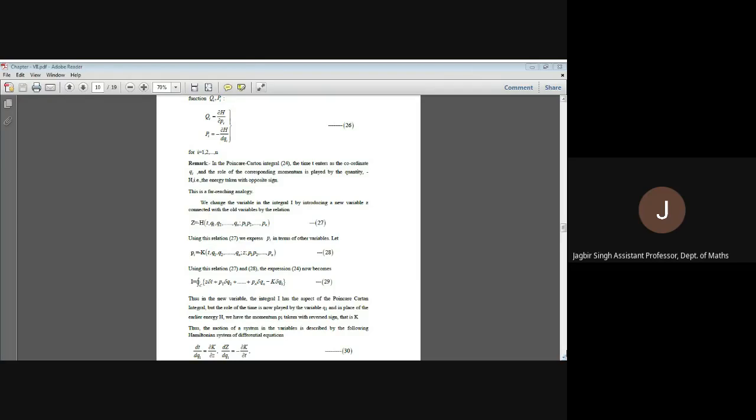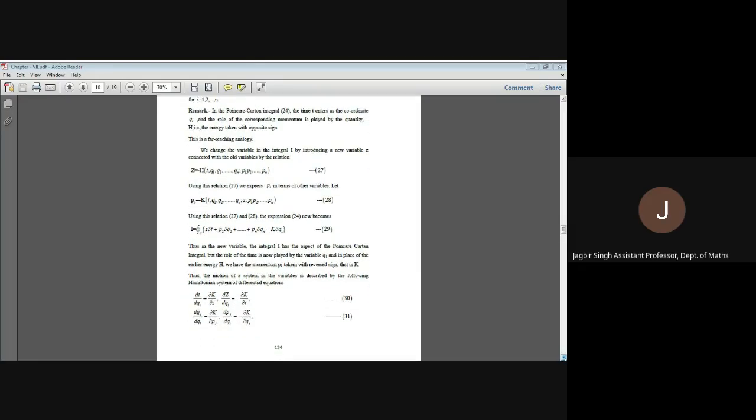So, the Hamilton canonical equations will be: Hamilton canonical equation was dqj by dt, but in place of t we are having q1. So in equation number 31 you can see dqj by dq1, instead of t we are having q1, will be equal to, in Hamilton canonical it was curly H by curly pj, but here instead of H we are having k, so it will be curly k by curly pj, and then dpj by dq1 is equal to minus curly k by curly qj.